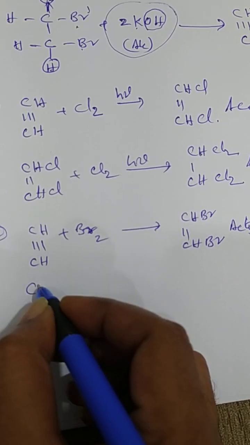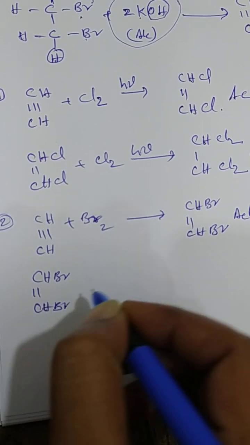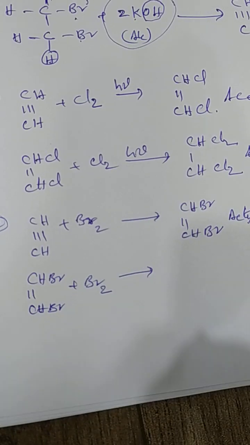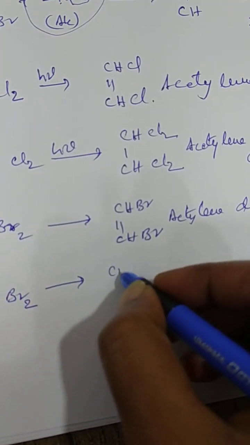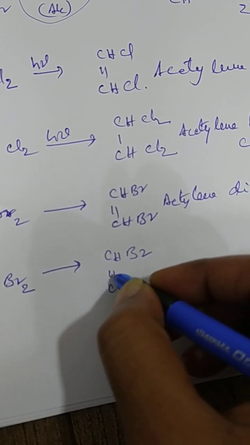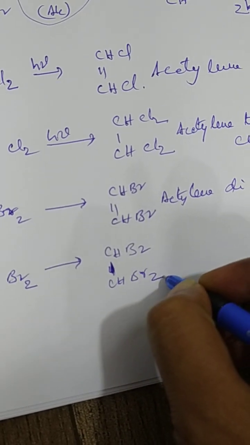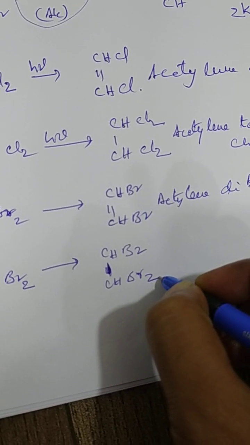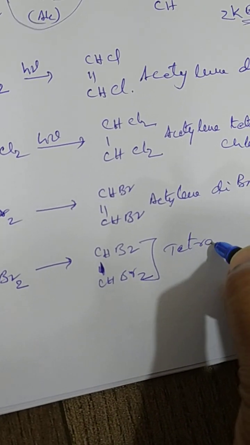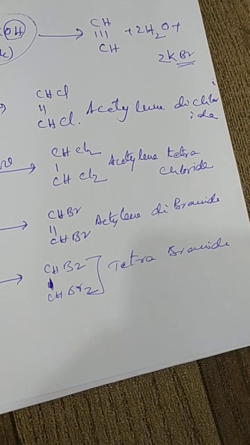Again, this acetylene dibromide will react slowly with bromine. Sorry, it is a single bond here, CHBr2 single bond CHBr2. This is acetylene tetrabromide.